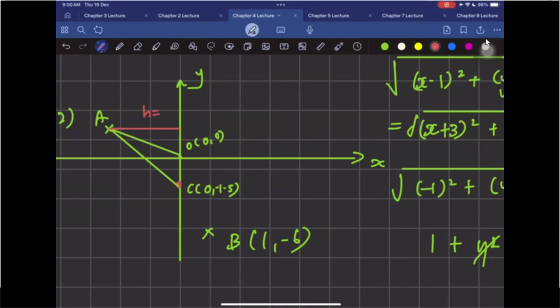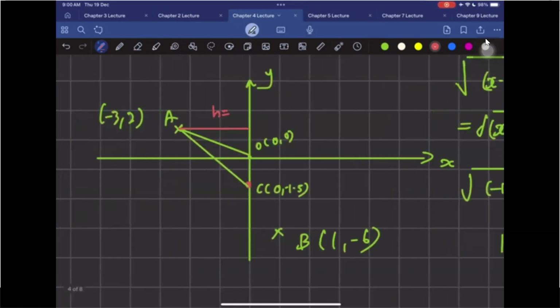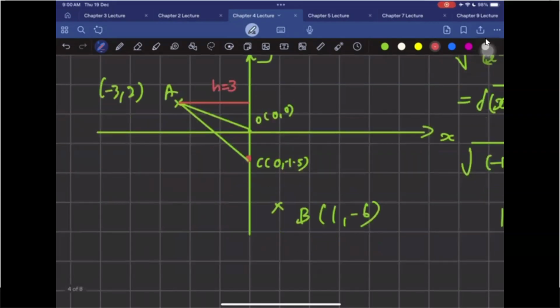So this is basically equal to, you just need to look at your x coordinate. So it's just equal to 3 units because until here is minus 3, right? So you just need to look at the modulus, the absolute value, okay? Then this value is just equal to 1.5.